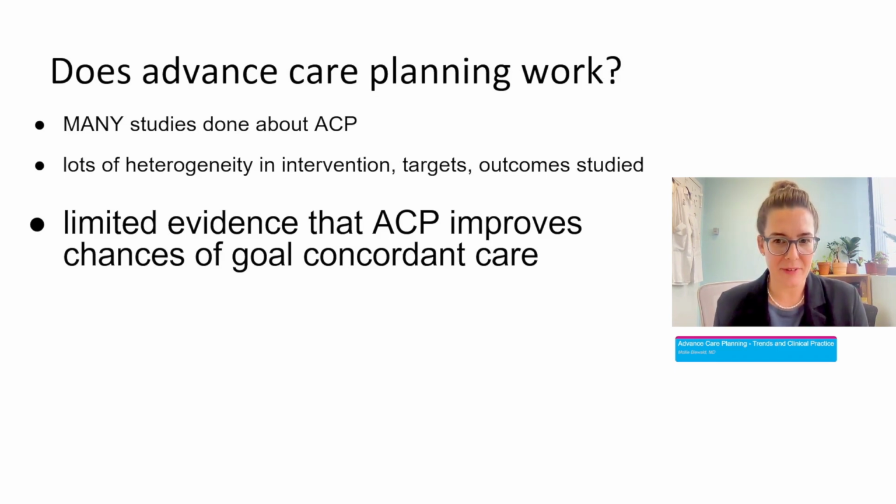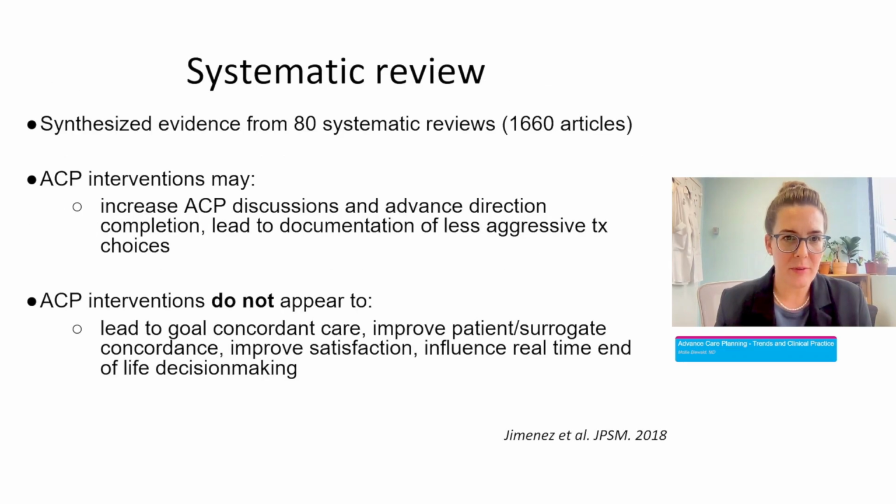So a lot of different things have been looked at. And overall, in all of those studies, there's limited evidence that advanced care planning improves the chances of receiving goal concordant care. And remember, that's really our gold standard of what we're trying to do with advanced care planning. To go into it with a little bit more depth, I'm going to highlight a couple of really important studies in this area.